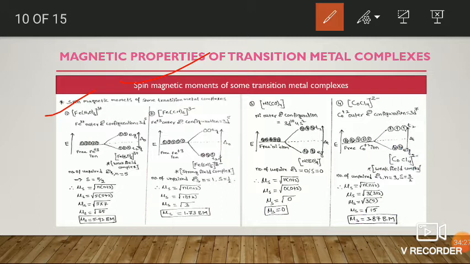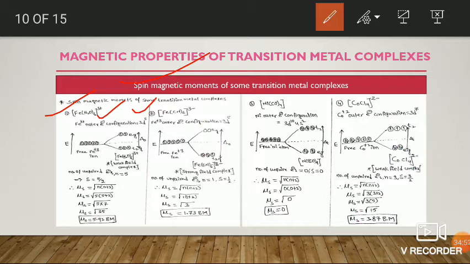Here iron is in the plus 3 state. Iron has atomic number 26, outer electronic configuration 3d6 4s2. But in the case of Fe plus 3, the outer electronic configuration must be 3d5, losing 2 electrons from 4s and 1 electron from 3d.